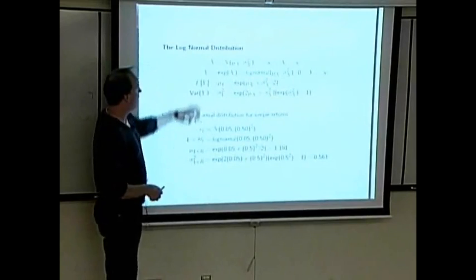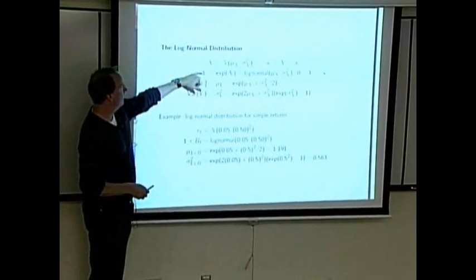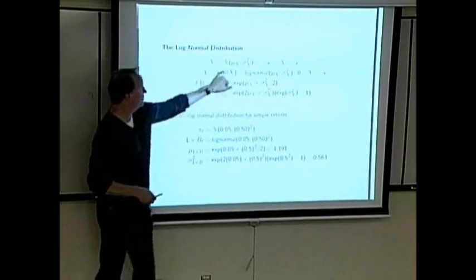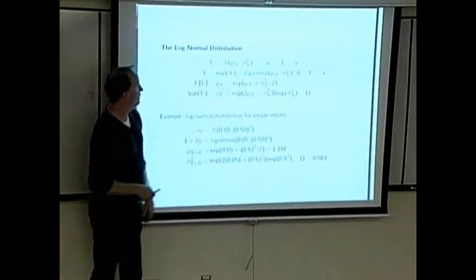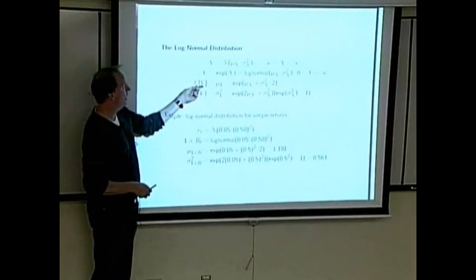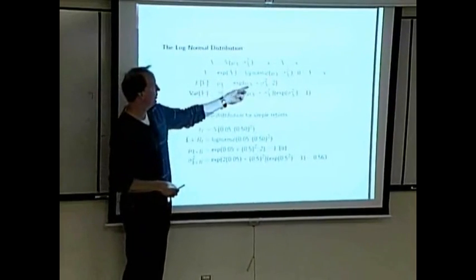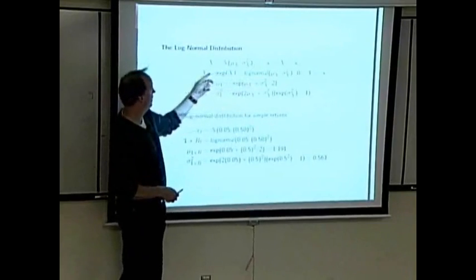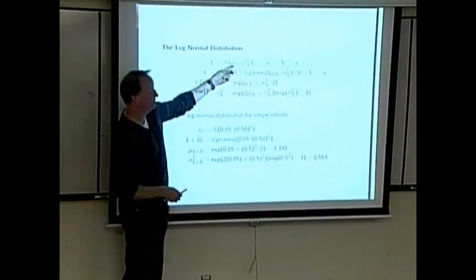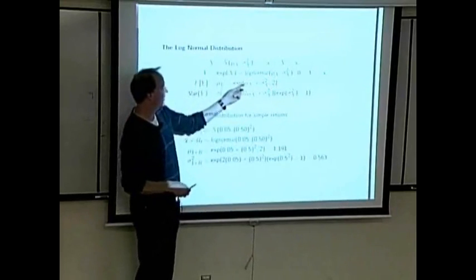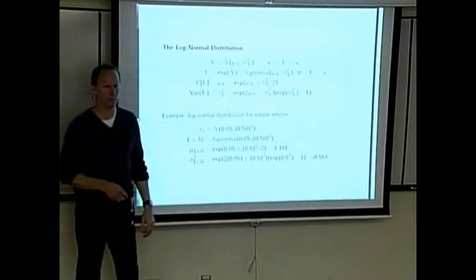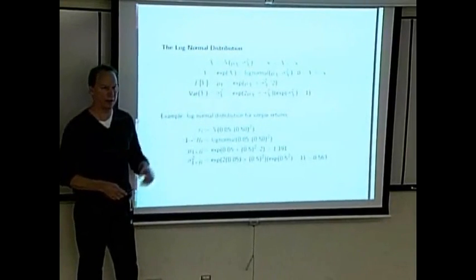Okay? Now, the mean of y, which is the exponential of x, is not mu of x. And in fact, it takes a bit of work, but you can show that the mean of y is equal to the exponential of the mean of x, right? Because y is the exponential of x. You might think that the mean of y would be the exponential of the mean of x, but it's the exponential of the mean of x plus the variance of x divided by 2. Okay, so there's a slight adjustment.